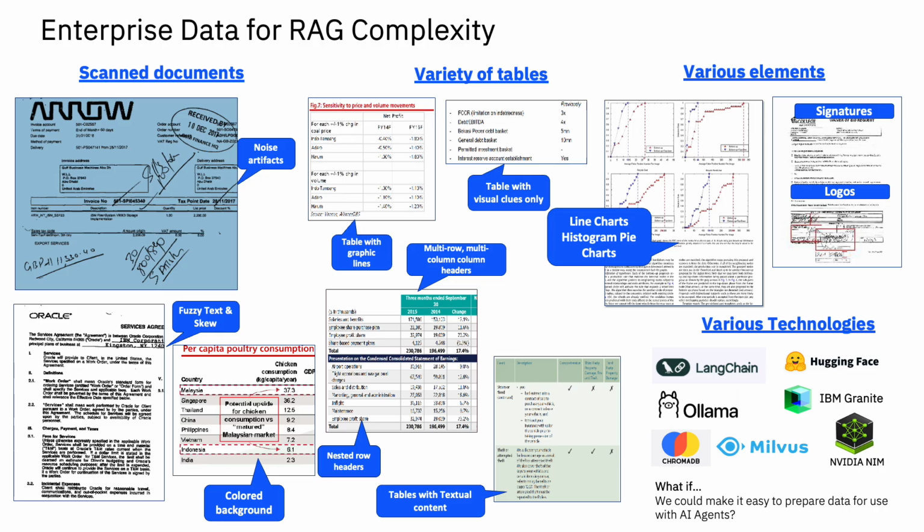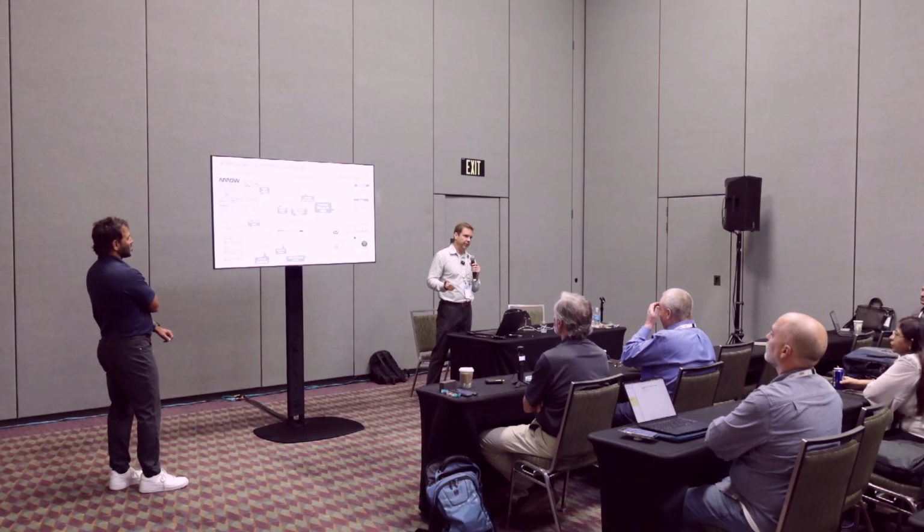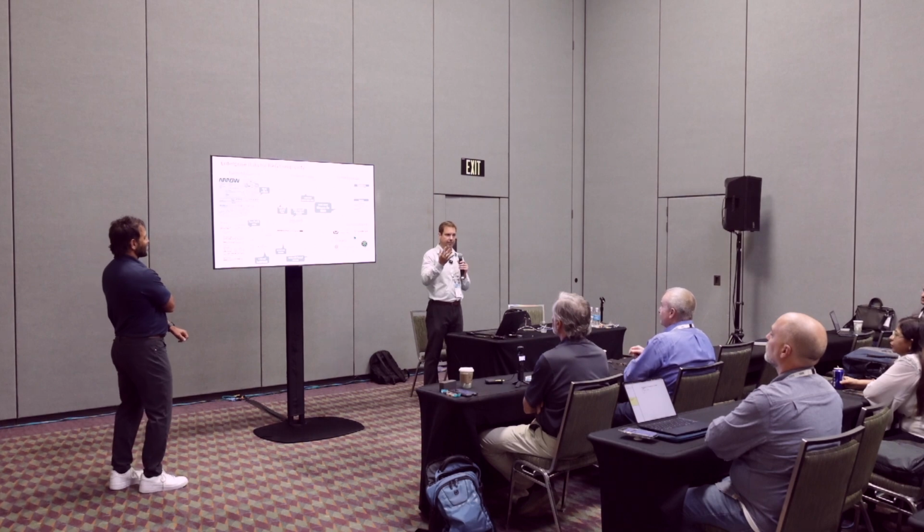And there's such a variety that you have to understand how to process. On top of that, there are various technologies and tools that you have to stitch together to make this all work. So rather than being down in the plumbing and having your data scientists wrangle with this data and make it available for Gen AI applications, why not offload this into the storage and allow them to build their applications instead?